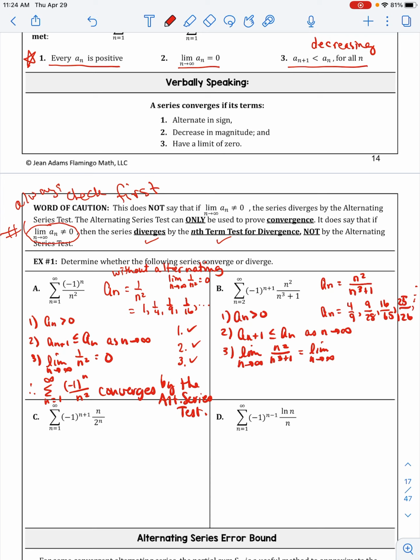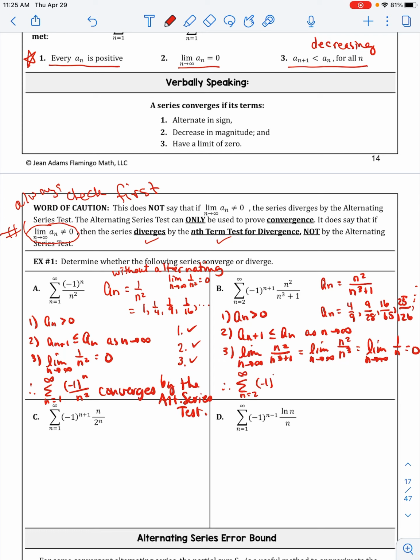Number 3, is the limit as n approaches infinity of n squared over n cubed plus 1 equal to 0? Well, I can just look at n squared over n cubed, which the n squareds cancel, and I'm left with 1 over n, and yes, that does equal 0.